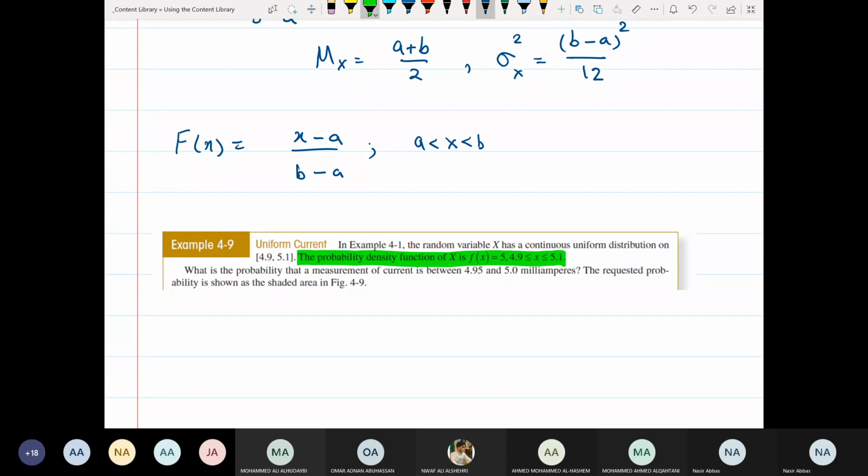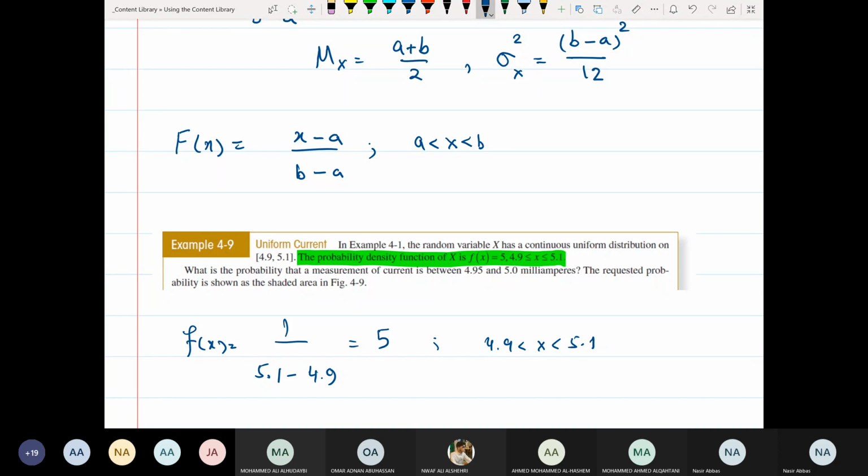You should be able to write from here that f of x is 1 over b minus a. And this should be 5, I think, where x is from 4.9 all the way up to 5.1. This is the first thing.